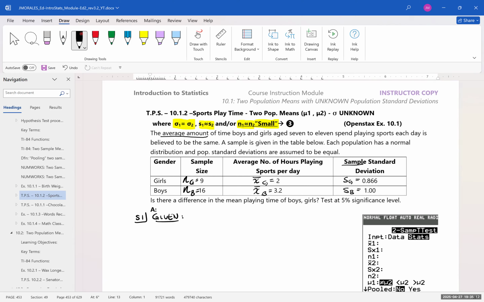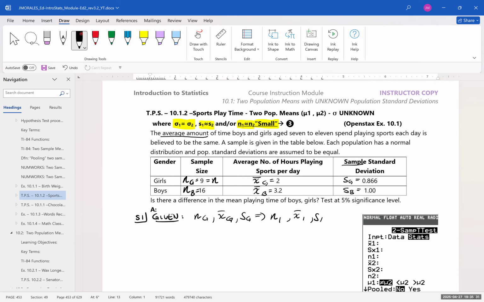Sample standard deviation, so this will be SG and SB. What we'll do is let the girls have a subscript of 1, like that.